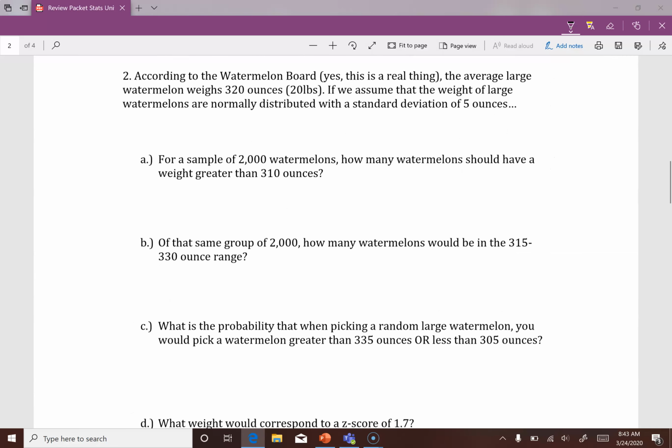So that's going to give me 13.6 plus 34.1 twice, plus another 13.6 plus a 2.1 plus a 0.1, and that gave me a 97.6.